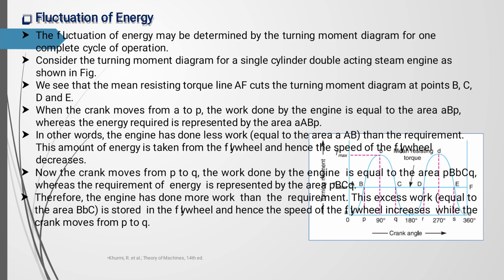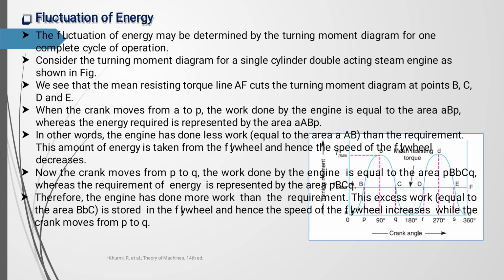We already know torque is inversely proportional to speed. When we need more power, the engine cannot run much faster; the first gear is required. In that situation, fluctuations occur.